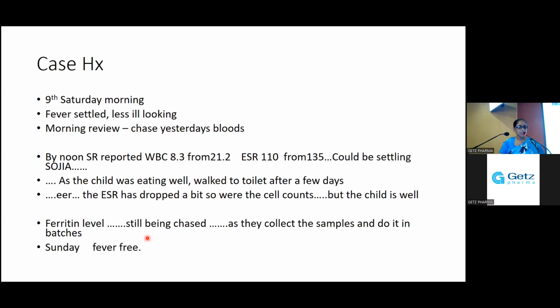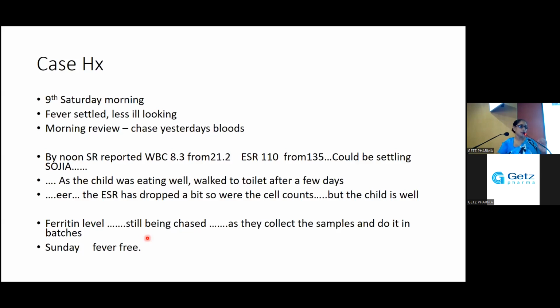So the ferritin levels will be chased because at LRH we have a very good laboratory service, but it has system defects. But you know, Dr. Iresha Jayasinghe from the department, she's my colleague, good colleague.